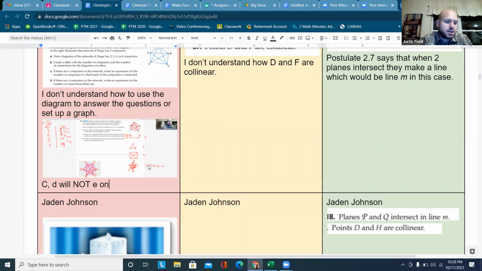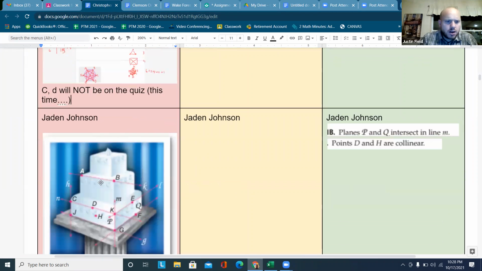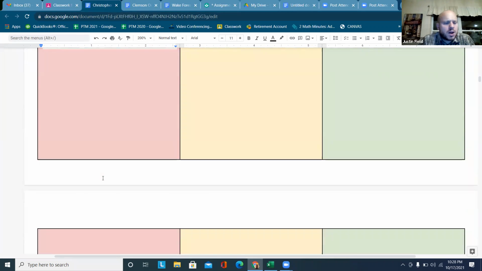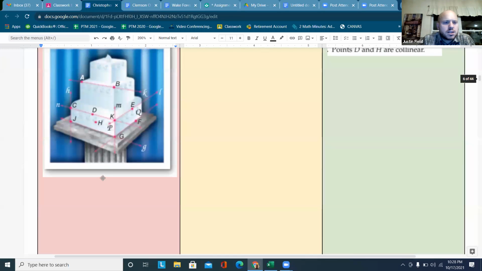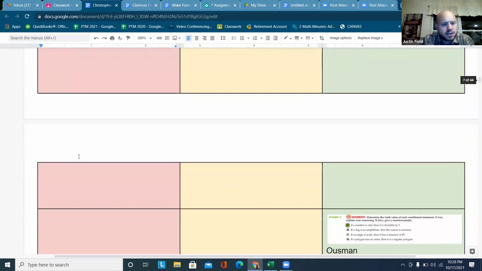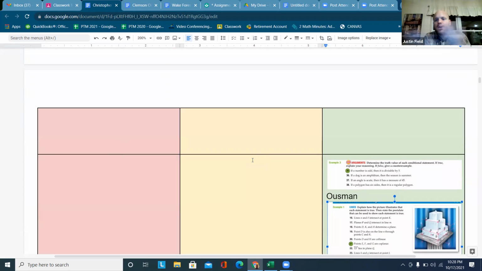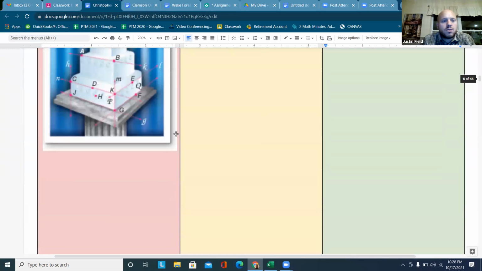Now, look, here's a picture of a wedding cake and lots of red lines. That's it. I see Usman has that in green. So Usman, Jaden, maybe you could talk, but Jaden, I don't know why that's there.